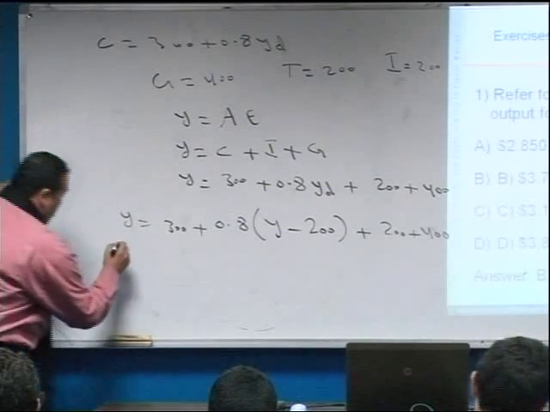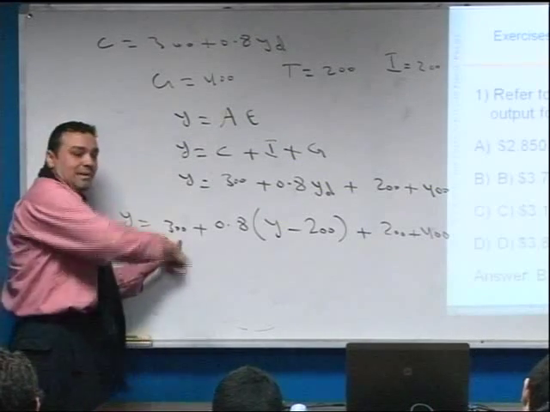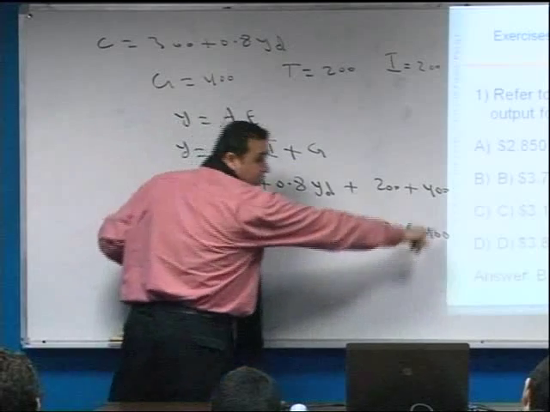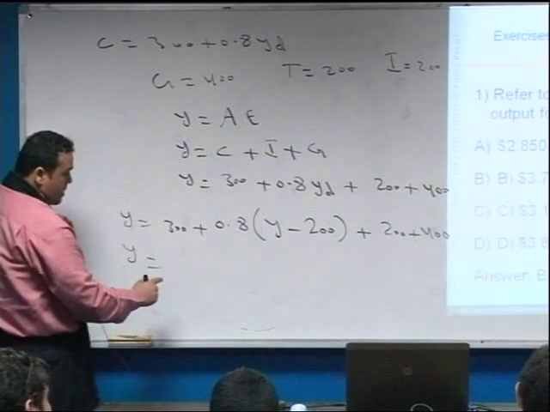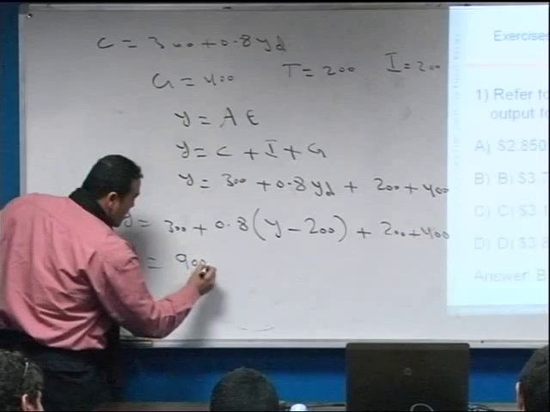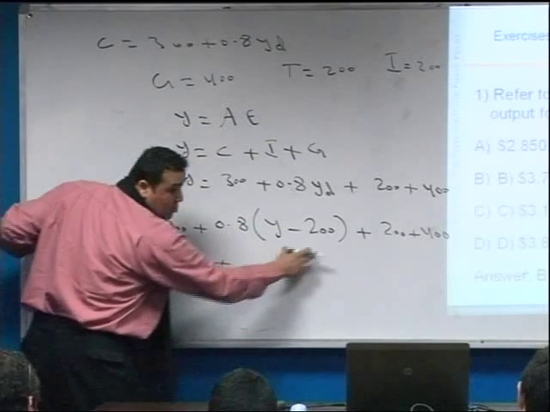So Y equals, we add the like terms: 300 plus 200 plus 400 equals 900, plus we distribute into the brackets.